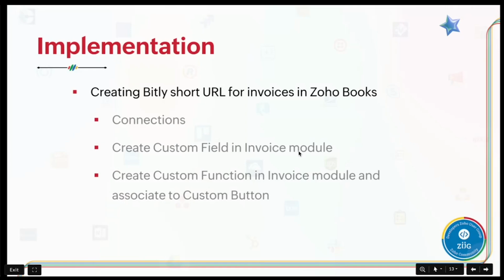Then we also have customizations happening within Zoho Books as well, so we need another connection for Zoho Books. So again, for this use case as well, we need two different connections. One is between Zoho Books and Bitly, and the other one is for the internal communication of Zoho Books.